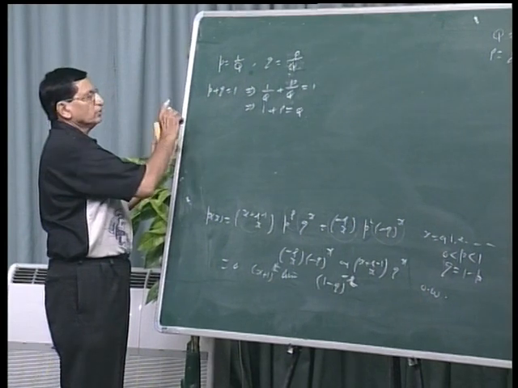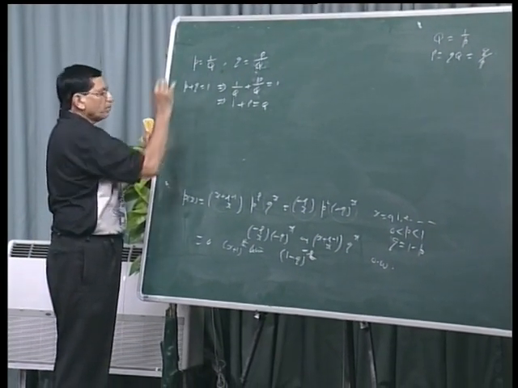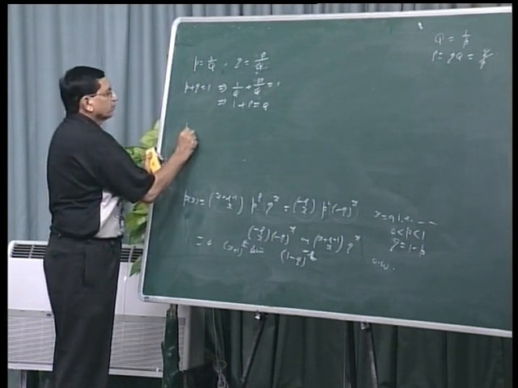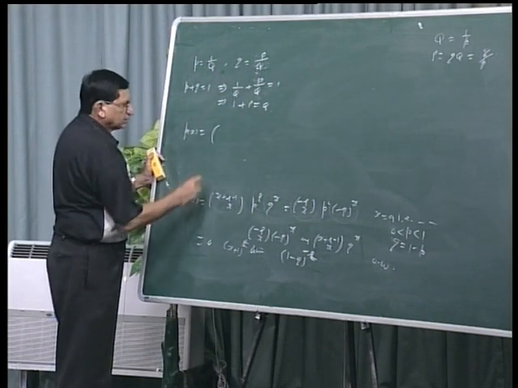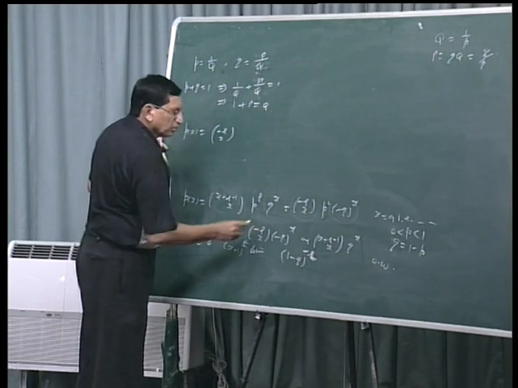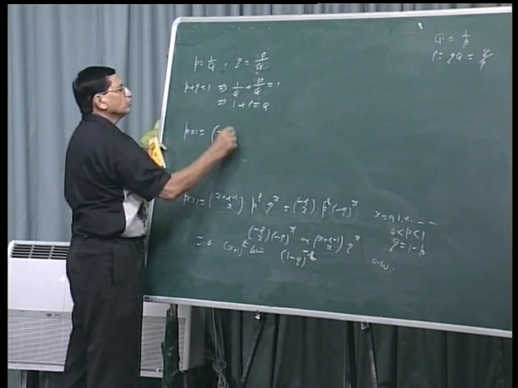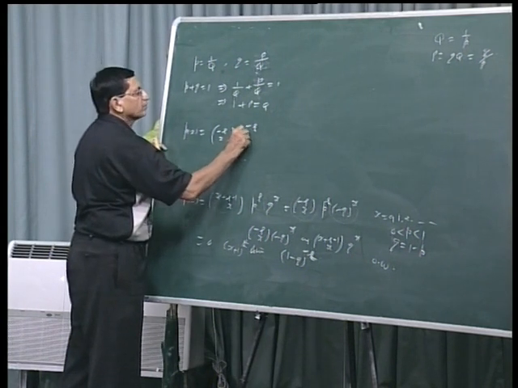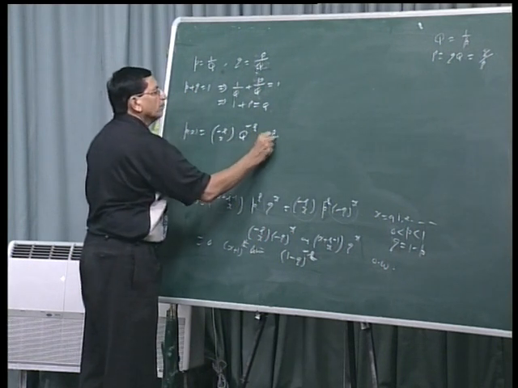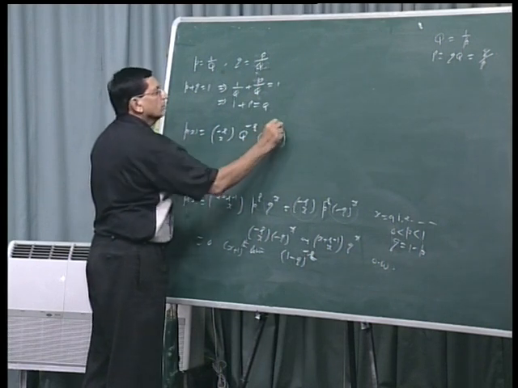also. Okay, so now we express this probability function in terms of P and Q. Then P(x) becomes minus r C x, this p raised to r, p raised to x. Small p means 1 upon Q, so it becomes Q raised to minus r, and small q means P upon Q, minus P upon Q raised to x.